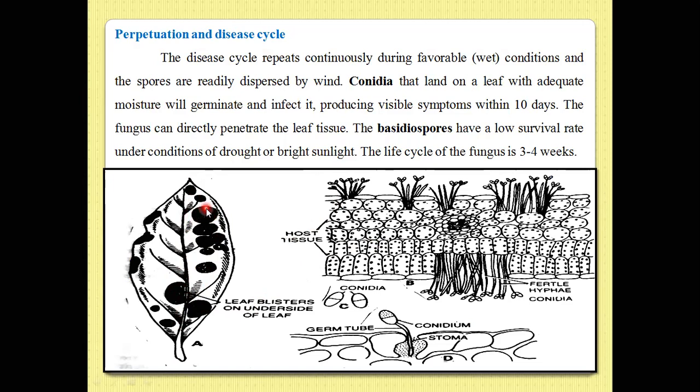This blister-like swelling means conidia are already produced, and the conidia and conidiophore just emerge out from the infected epidermis layer of the leaf or other parts.